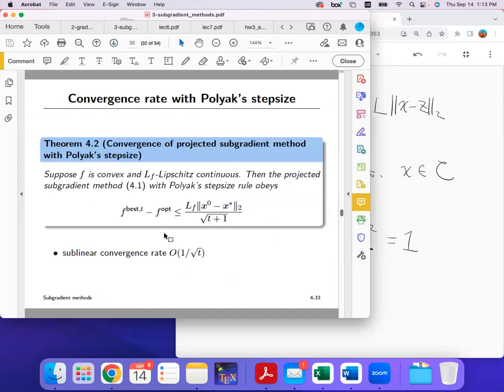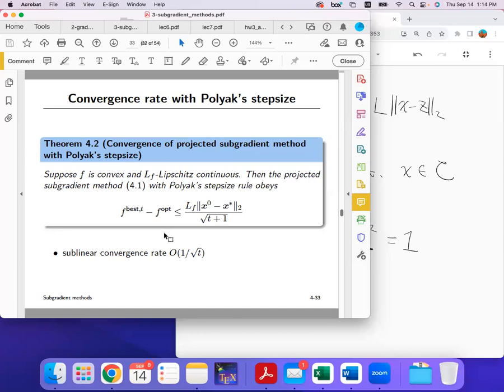Right. And this convergence rate applies. This result applies to that problem. It is convex because those two are convex sets. So the distance to a convex set is a convex function.